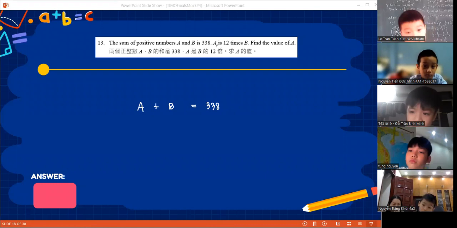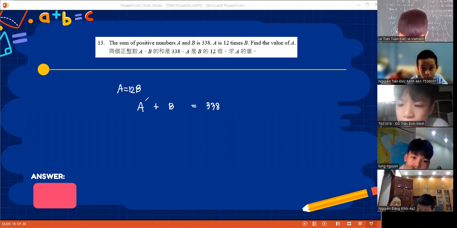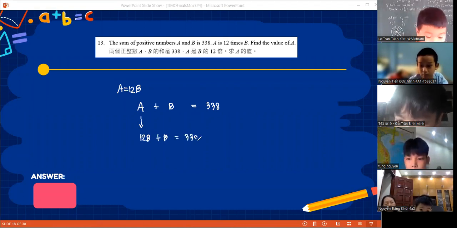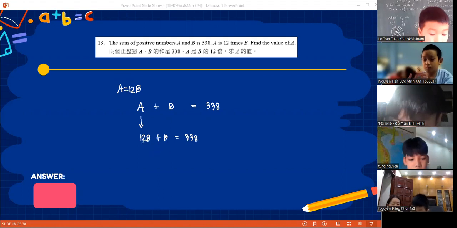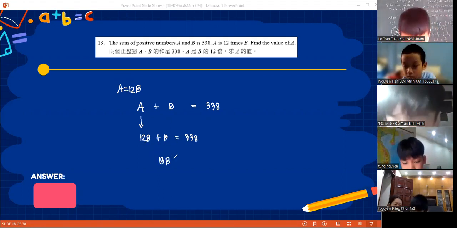A is 12 times of B. So we can rewrite this one as 12B plus B is equal to 338. So this is gonna be 12B plus B, that would be 13B, right?